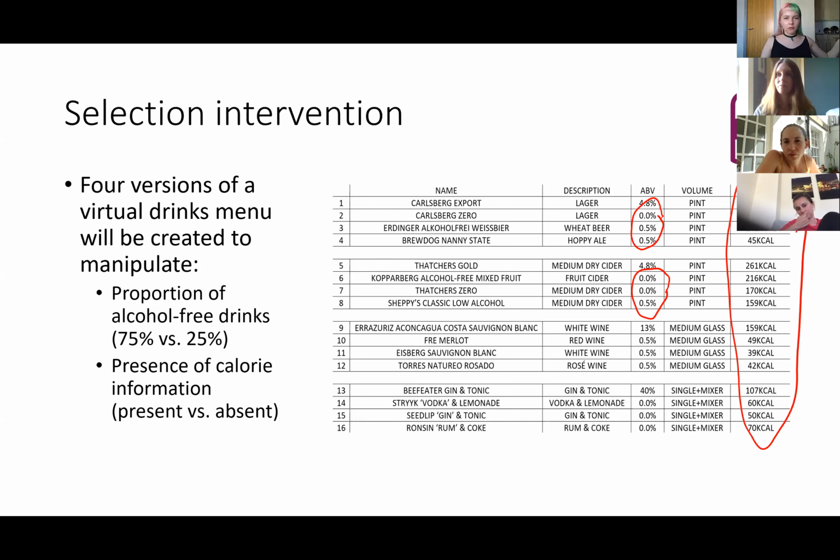So half the people see the alcoholic one, half the people see the non-alcoholic one. But because we're manipulating the proportion rather than the actual amount, we had to exclude some alcoholic ones to include their non-alcoholic counterparts and vice versa.